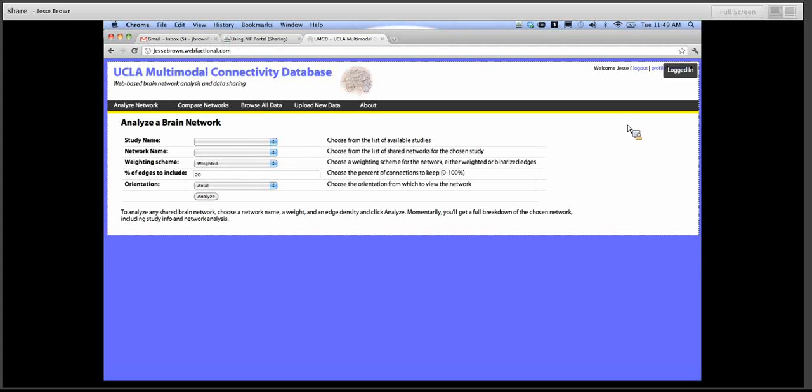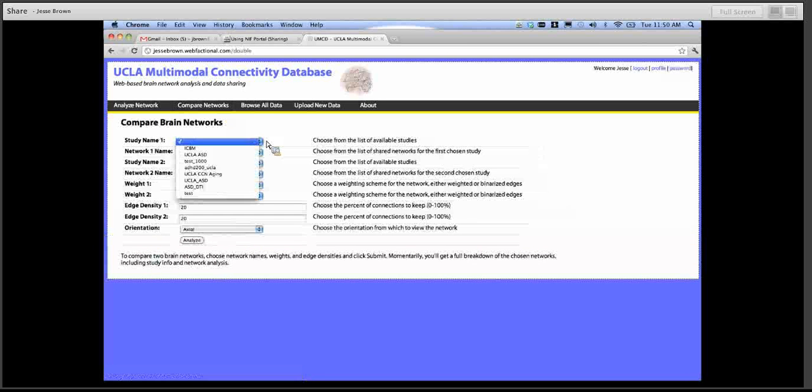So if you want to compare your data to data that's already been publicly shared, you can put it up here and it's private and no one has access to it but you. And the site's very secure, so it's a safe thing to do if you choose to use it. So I'm going to compare a couple networks from some DTI data here.